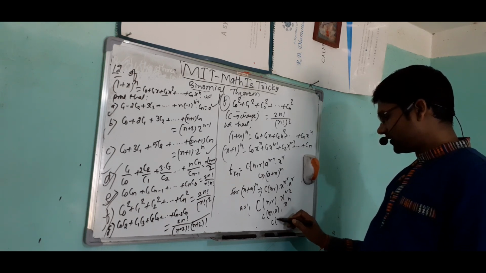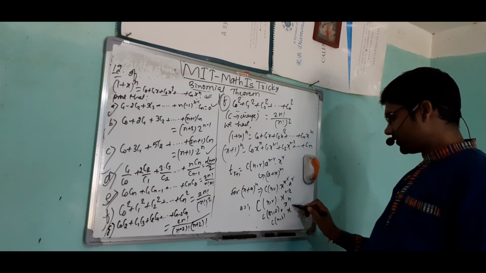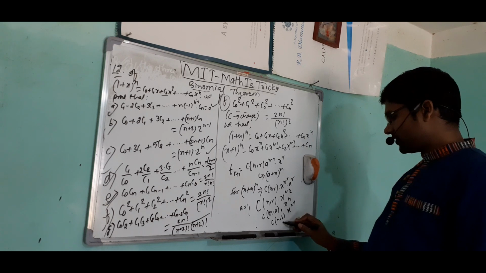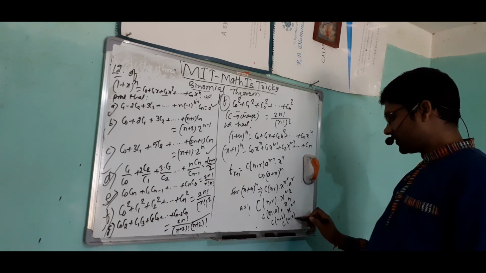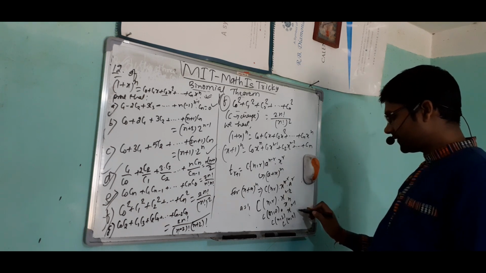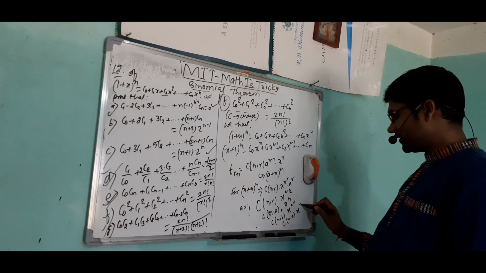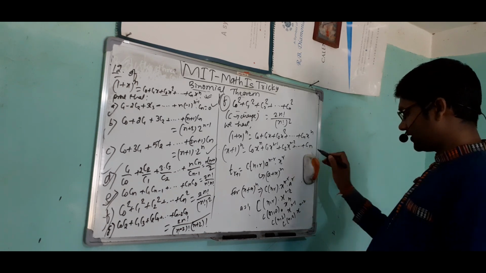If you write here C(n,1), it will be how much? x power n minus 1. So C(n,2), if you write, it will be simply here C(n,2) and x power n minus 2. This is how we are writing this.